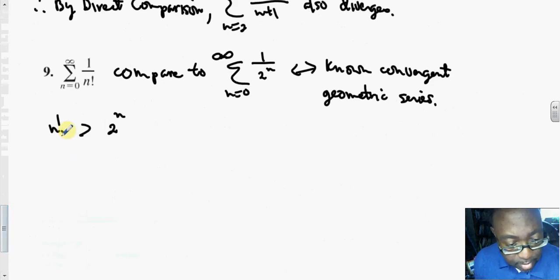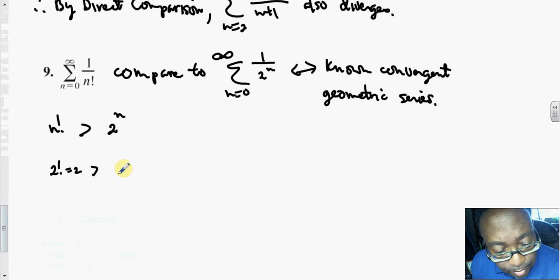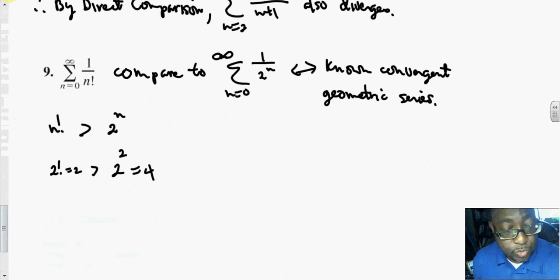In particular, if you have 2 factorial, which is 2, this is greater than 2 to the second? Well, that's not greater than. So this is equal to 4. So that's less than. And we'll get a mathematical statement here in just a moment.